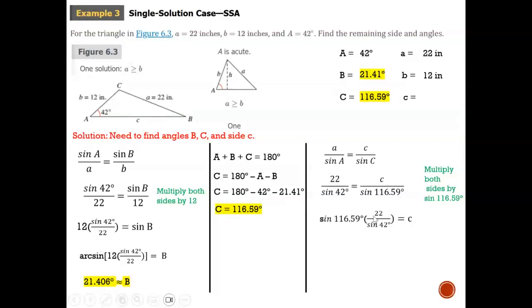The result will give us sine of 116.59 degrees times 22 divided by sine of 42 degrees. Put into the calculator, it's going to give us something like 29.401. So it's going to be 29.40. So we found angle C, and we found everything that we needed for this problem here.